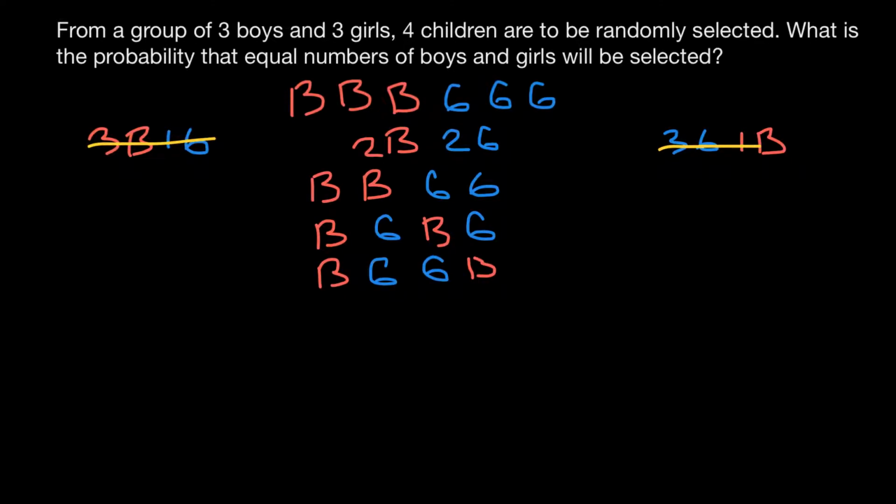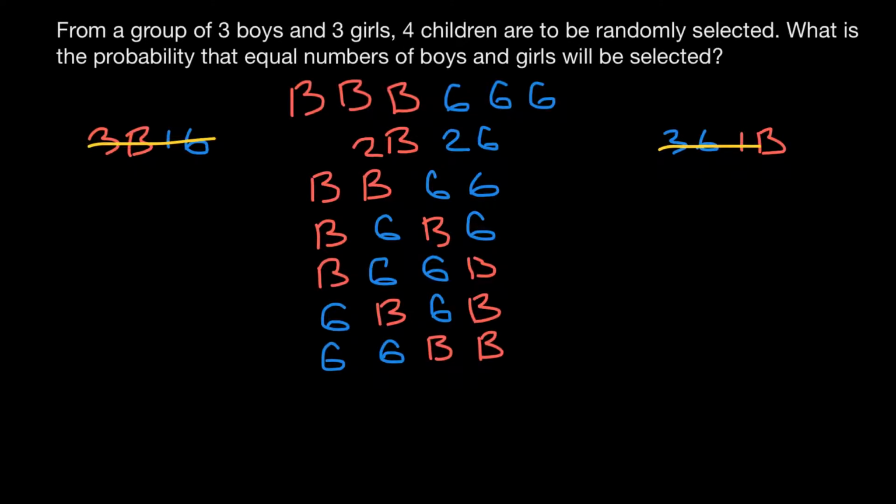Another variant would be first child girl, then boy, then girl, and boy. Another variant girl, girl, boy, and boy.